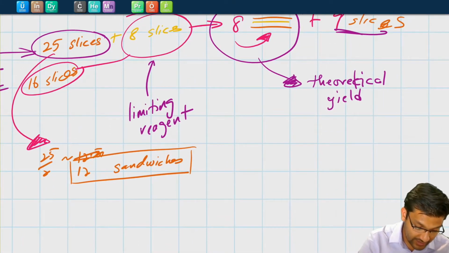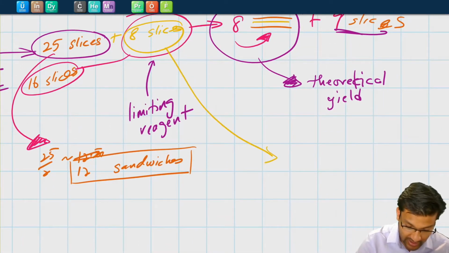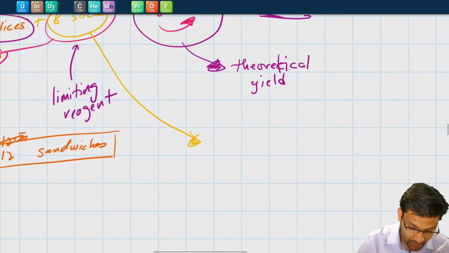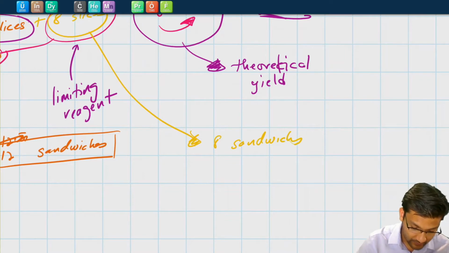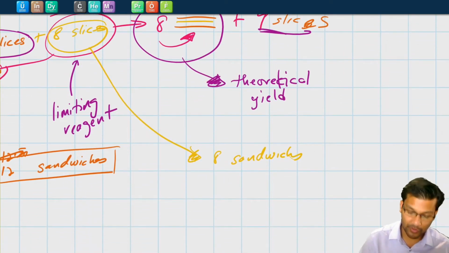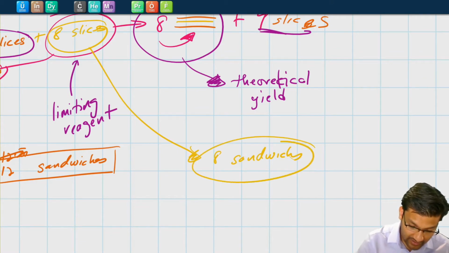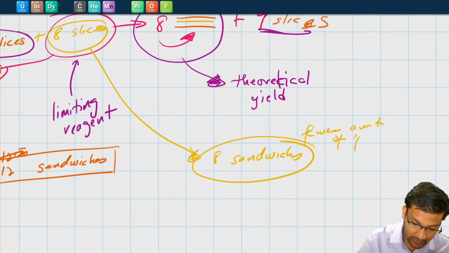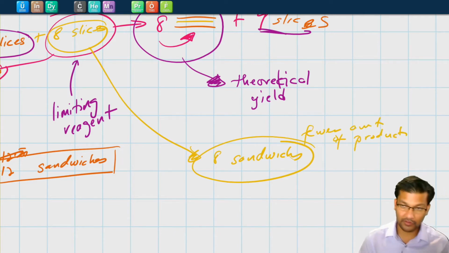But if I looked at my cheese, I realized that I could only form 8 sandwiches, right? Because we need 1 cheese per each sandwich. So because our cheese lets us form the fewer amount of product, that's how we figured out it was the limiting reagent.